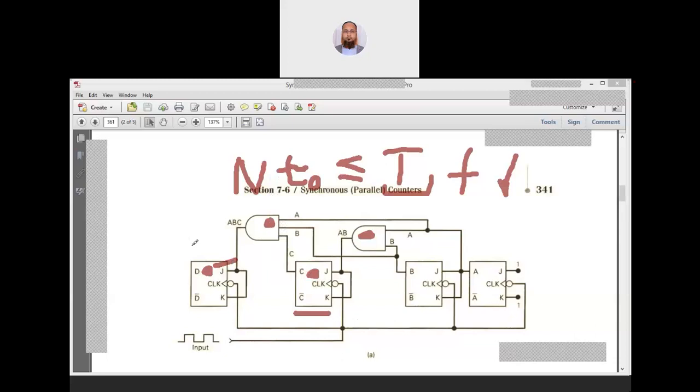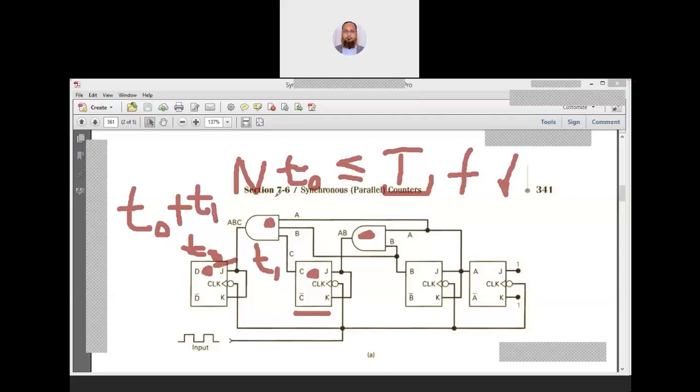So it is the delay of one flip flop and the delay of an AND gate. Let's say this is T1. This is the only delay. So the total delay that we will face is T naught plus T1.